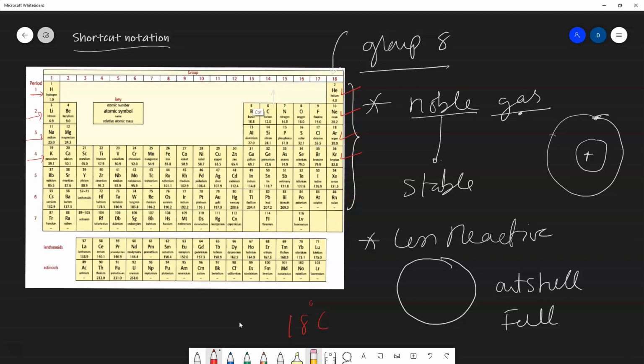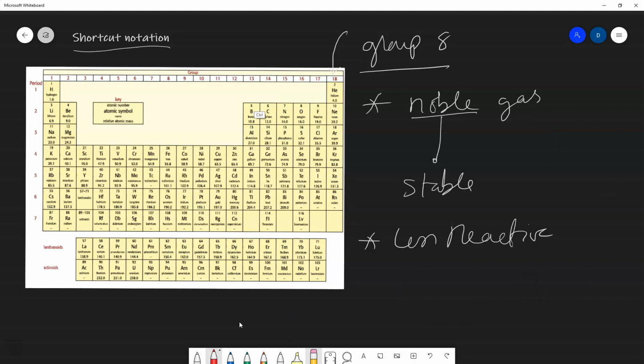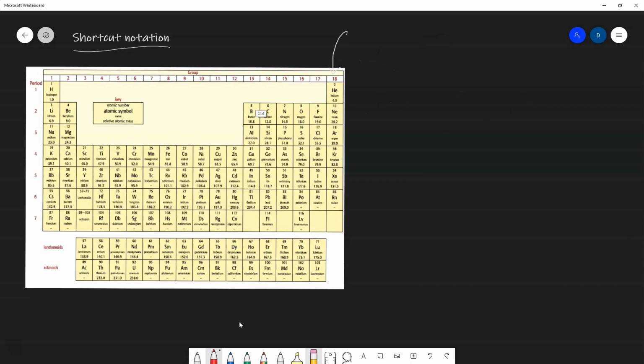Also, just go through the periodic table and some of the important basic information you see in it. When I move from left to right, the number of electrons increases by 1. Hydrogen is 1, next is helium, which is 2.